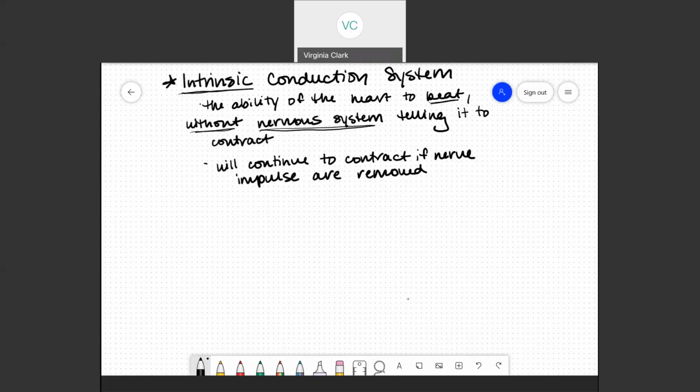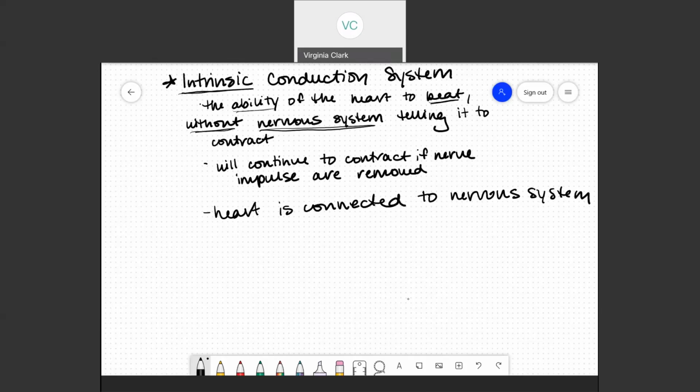I do want to let you know that the reason your heart is connected to your nervous system, even though it has this ability, is that it is not fully removed from the nervous system, because the nervous system can control your heart rate. There are times when you need your heart rate to speed up or slow down, connected to your sympathetic and parasympathetic nervous systems.